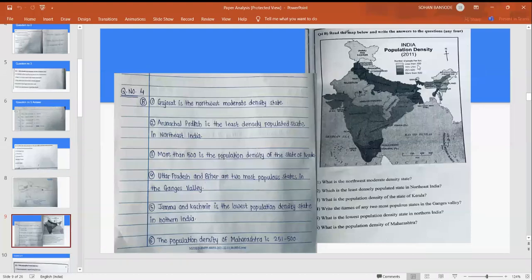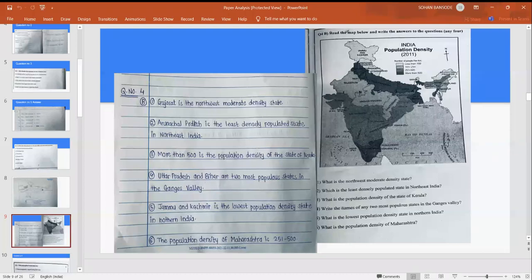According to that you have to decide your directions. Upper is north, opposite is south, then the right-hand side is east, and the left-hand side is west. So northeast would be, you have to observe the map carefully.